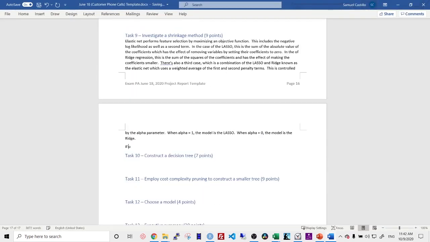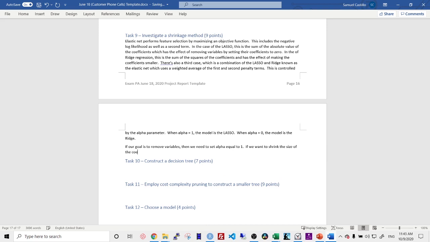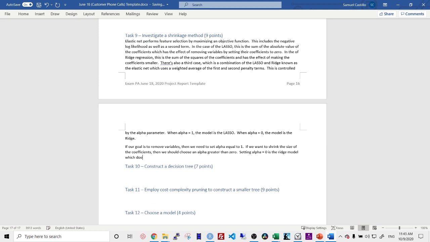So if our goal is to remove variables, then we need to set alpha equal to 1. If we want to shrink the size of the coefficients, then we should choose an alpha greater than 0. Setting alpha equal to 0 is the ridge model, which does not remove any features.